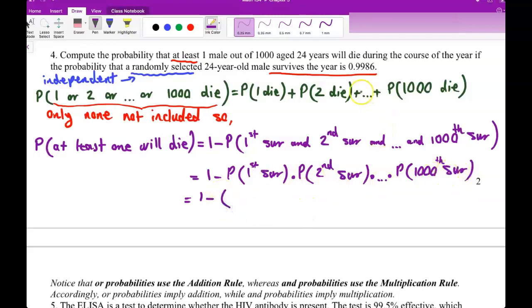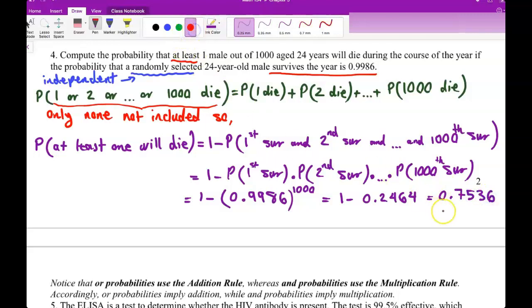So probability of survival is that number we have 0.9986, and how many times we should multiply this one is 1000. That's why I'm using power on top, and that is equal to 1 minus 0.2464. And the answer is 0.7536. So this is the probability of at least one will die.